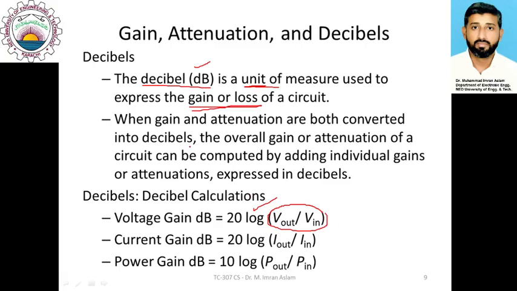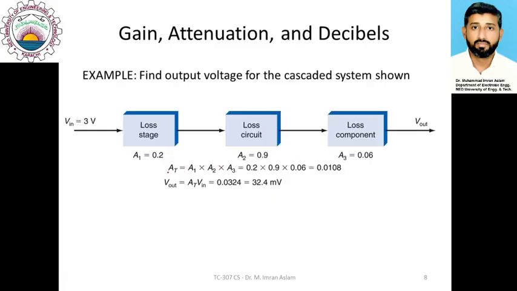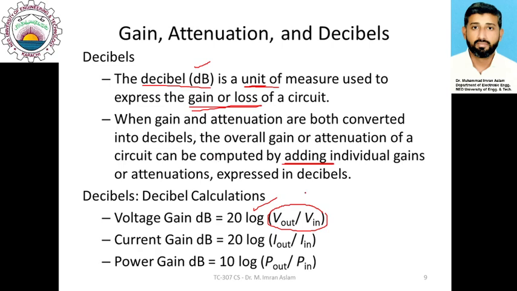So if we convert the unit into decibels, gain and loss become addition rather than multiplication. Recall that in the previous slide the total gain was represented as a product of individual gains, but if the unit of decibel was used in this scenario, we should have added them together rather than multiplying because of the use of this logarithm.